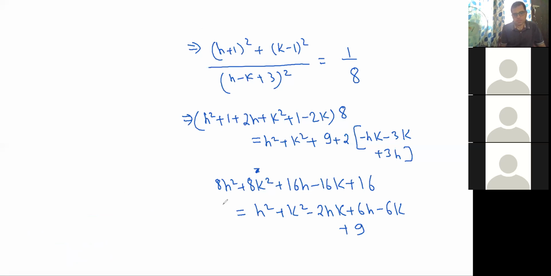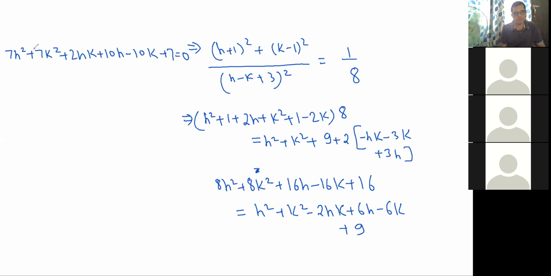All right, so what will you get? 7h square plus 7k square, then plus 2hk, then plus 10h minus 10k plus 7 equal to 0.